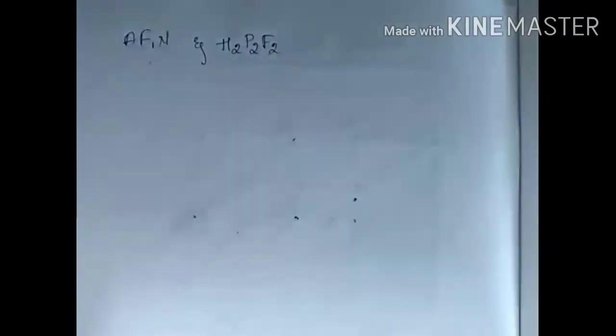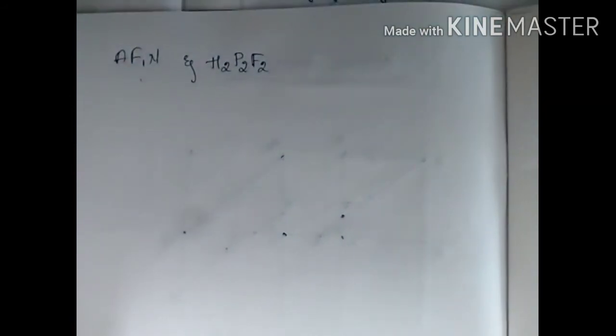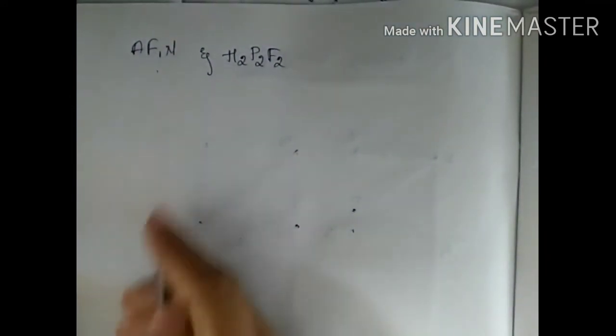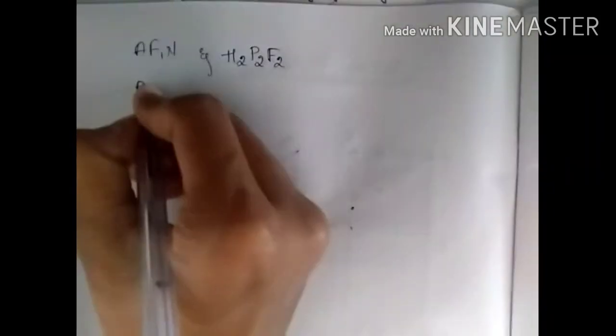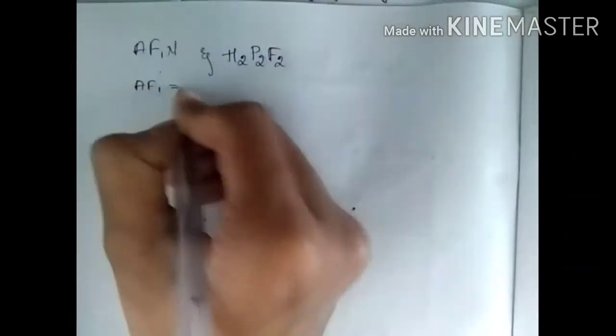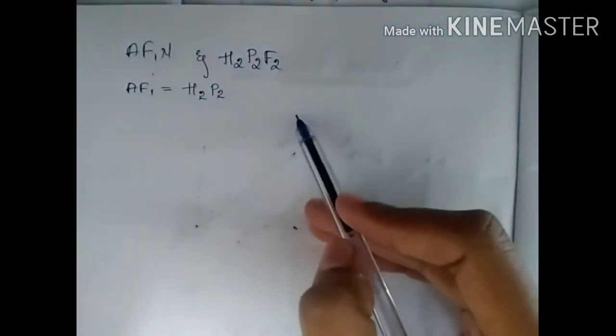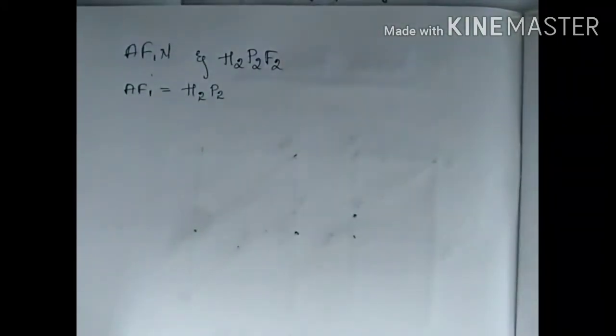So these two triangles you can see in the diagram are the right angled triangles. From that, AF1 is equal to H2P2. Why?